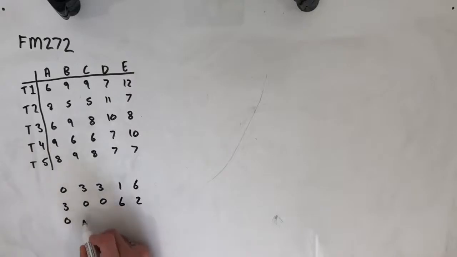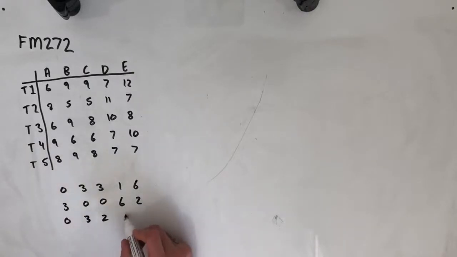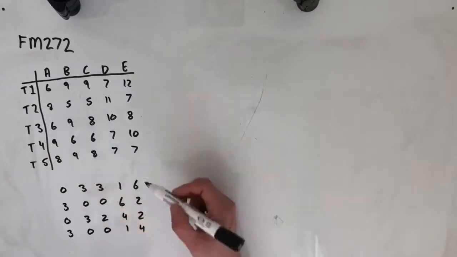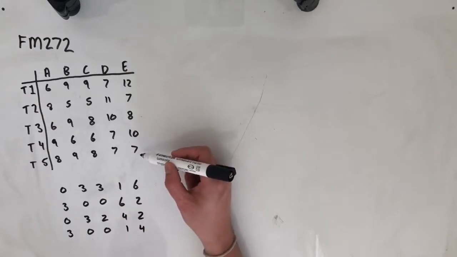Removing that, we get 0, 3, 2, 4, 2. In this second last row, 6 is the smallest, so we're going to get 3, 0, 0, 1, 4. And in this final row, the smallest number is 7, so we're going to get 1, 2, 1, 0, 0.